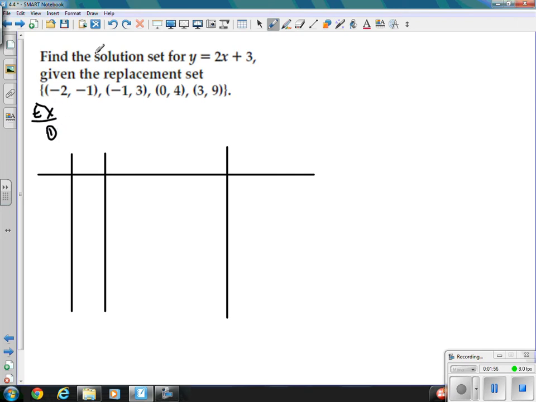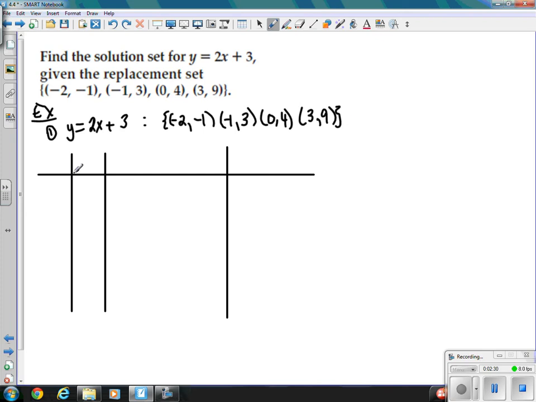We're asked to find the solution set for y equals 2x plus 3, given the replacement set of (-2, -1), (-1, 3), (0, 4), and (3, 9). And we're going to do this by making a table.